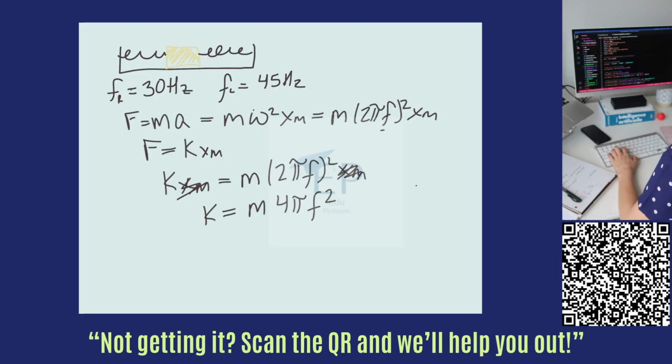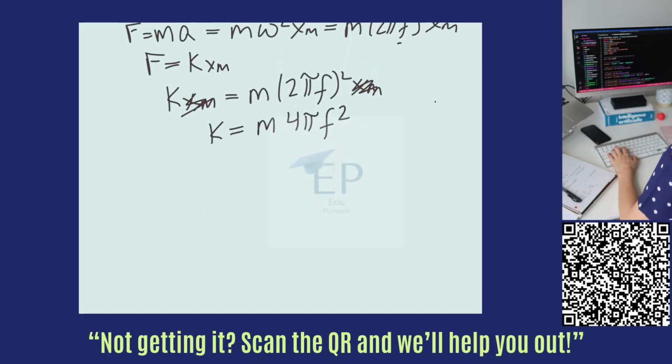Now this is great if we had the spring constant, but because there's two separate springs and they have different constants because they oscillate at different frequencies, we need to do a little bit more work to figure out what is our k. So our total k is actually going to be the k of our right spring plus the k of the left spring put together.